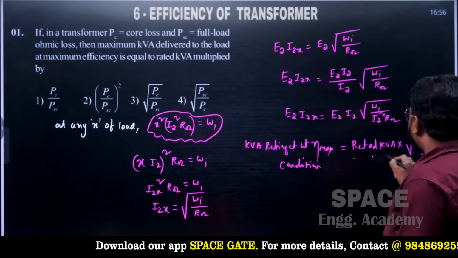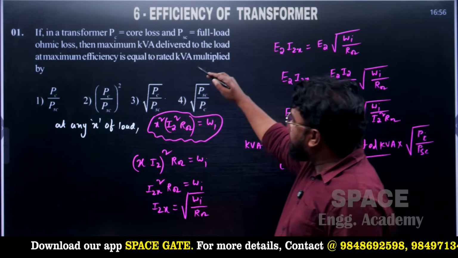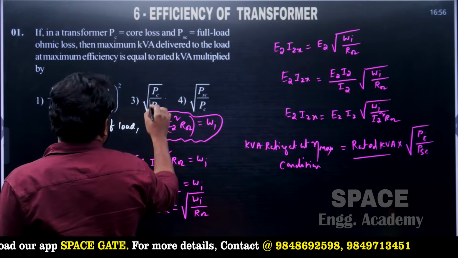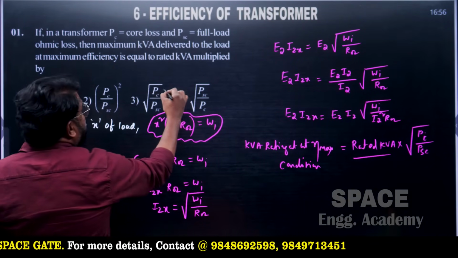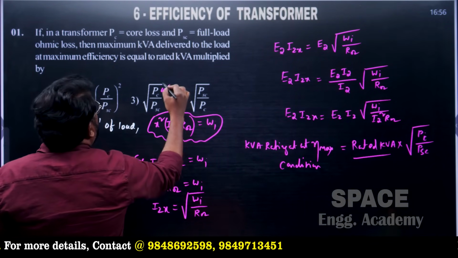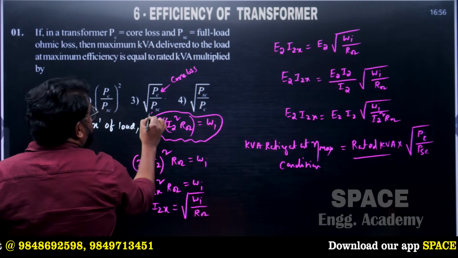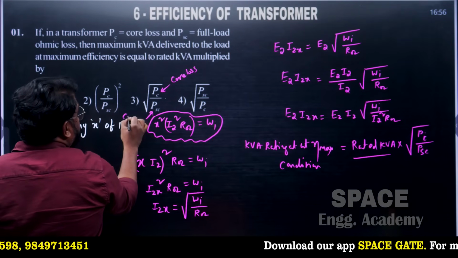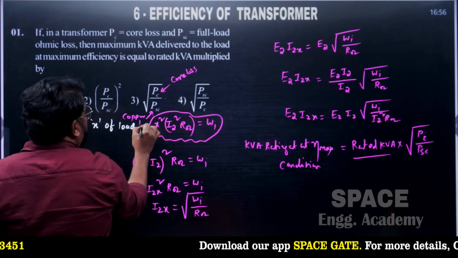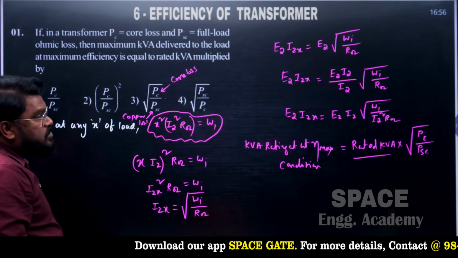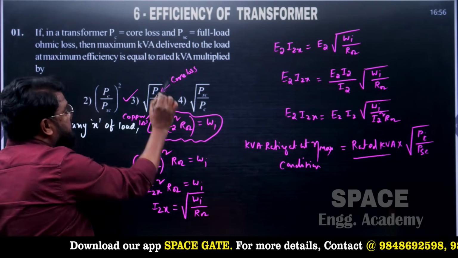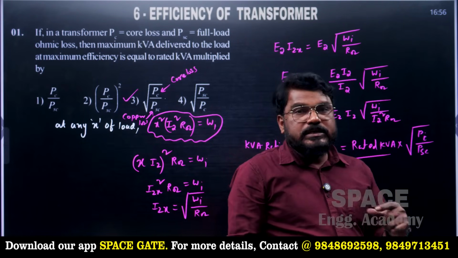So the answer is the rated kVA multiplied by under root of PC by PSC. So option number 3 is correct.